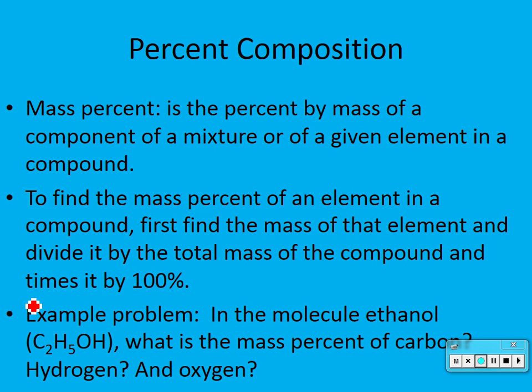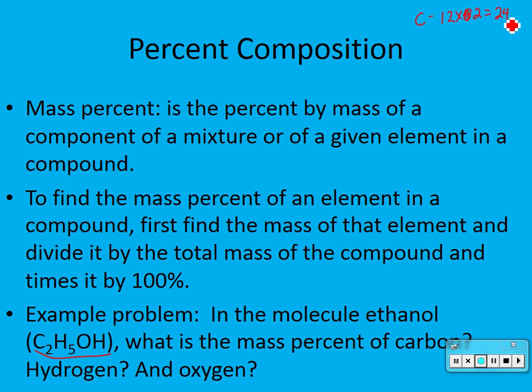First of all, what I always like to do is find the total mass of the compound. So it's molar mass, just like we've been doing all along. Carbon is 12 if you look on the periodic table. But how many carbons do we have? Only 2 carbons. So 12 times 2, which is 24.